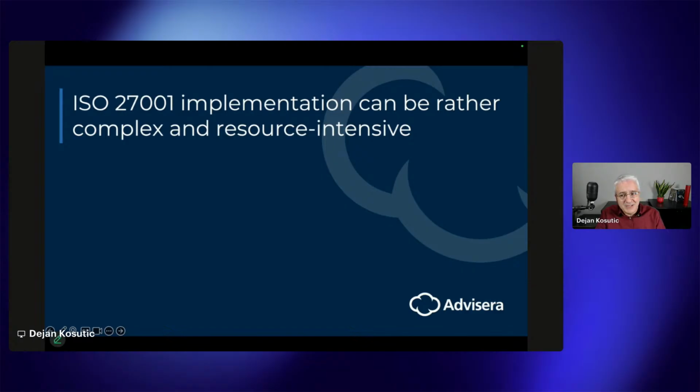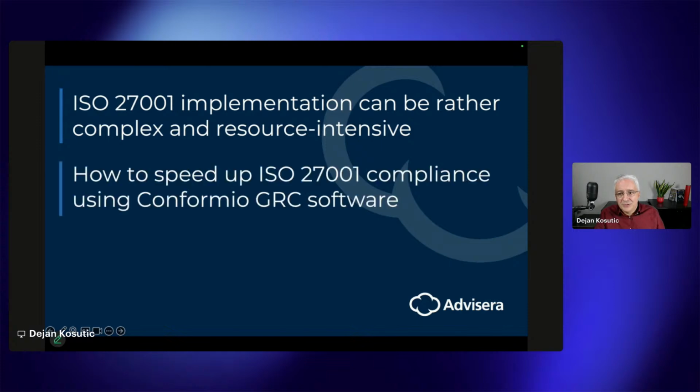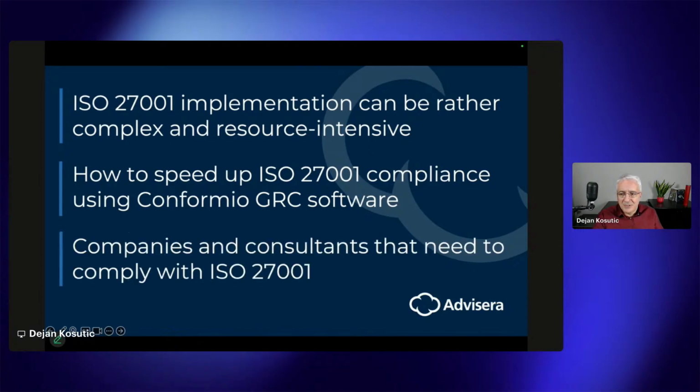The idea of these tools is that they can help you overcome part of these problems. Not all of them, but at least part of them. What I'll show you today is how to speed up ISO 27001 compliance using this Conformio software, this GRC software. By the way, GRC stands for governance, risk and compliance. This is the usual term used for this type of software.